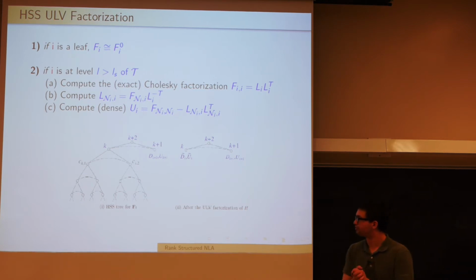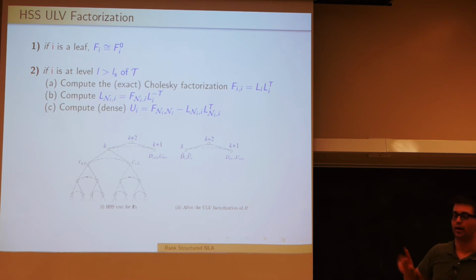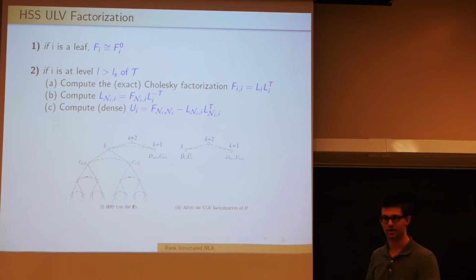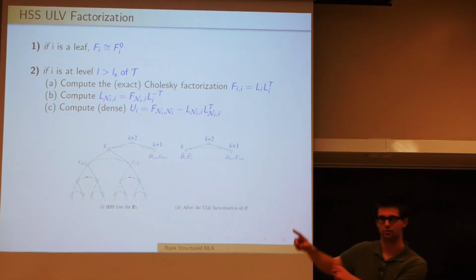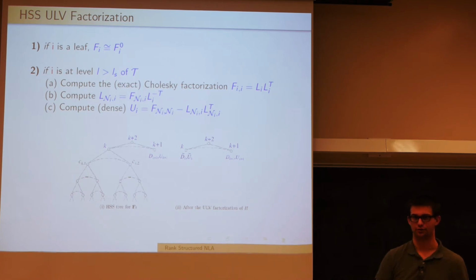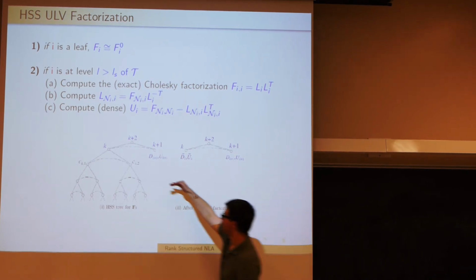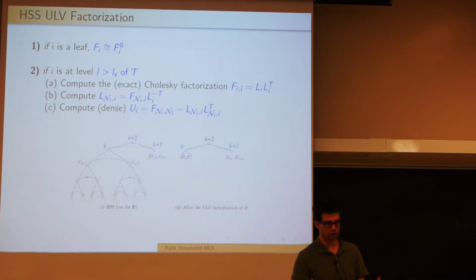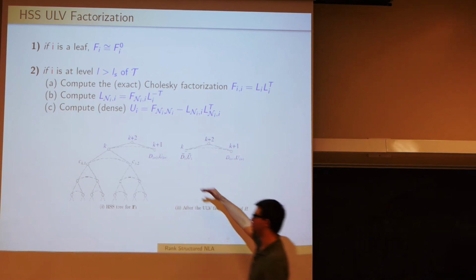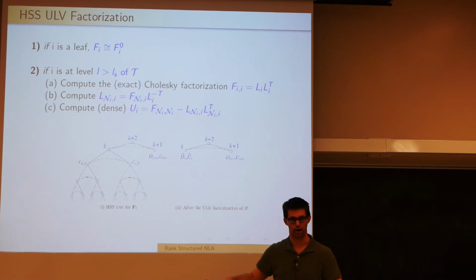OK, so we go to our HSS tree, and we go leaf after leaf. I want to introduce one more concept. In the next few slides, you'll see things with the subscript S. S stands for switching. There is in HSS algorithms a concept that comes up all the time called switching levels, where at some point on the tree we draw a line, where we have beforehand shown numerically or proven rigorously that anything below that on the tree, it's going to be faster for us just to use dense matrices, and not worry about the generators.